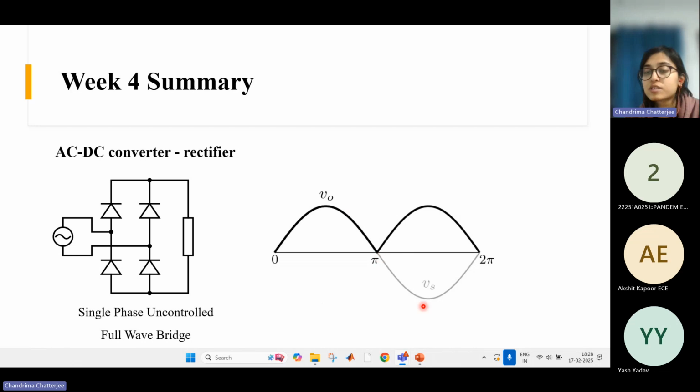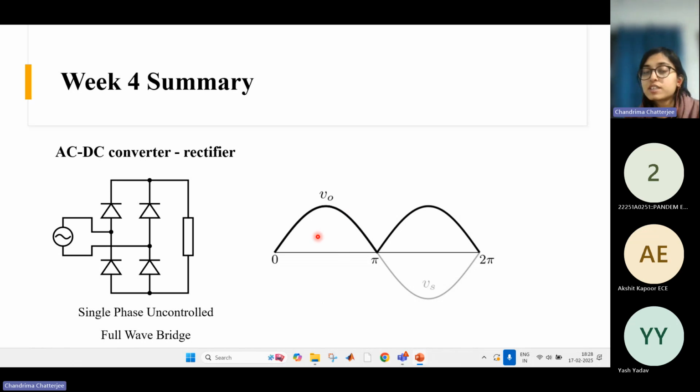So basically, if you flip this portion to the positive axis, then you will get this kind of voltage shape. They are basically mirror images, right? From this negative half cycle voltage, you are just flipping it. So the diode is doing nothing, just flipping this negative voltage to the positive side.